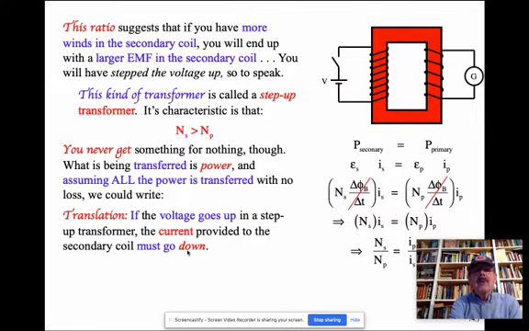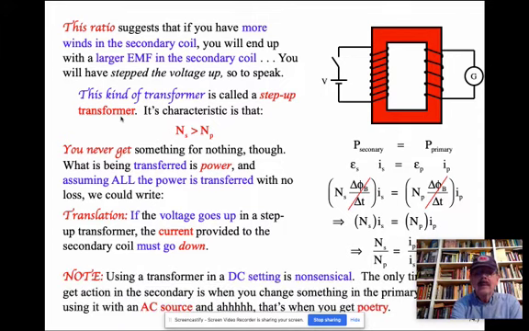Minor point, whether it's a step up or step down is governed by what the voltage is doing. If the voltage in the secondary is going up, it's a step-up transformer. If the voltage in the secondary is going down, it's a step-down transformer. Again, doing this with a DC source is really kind of dumb, because the only time you get any action over here is when you're making the voltage change.